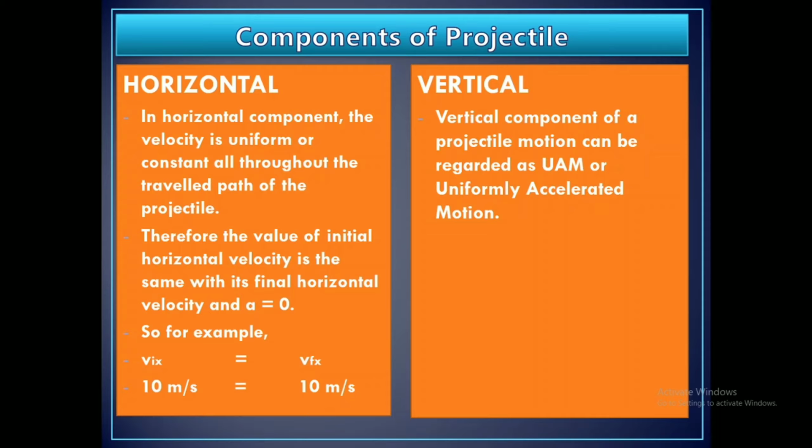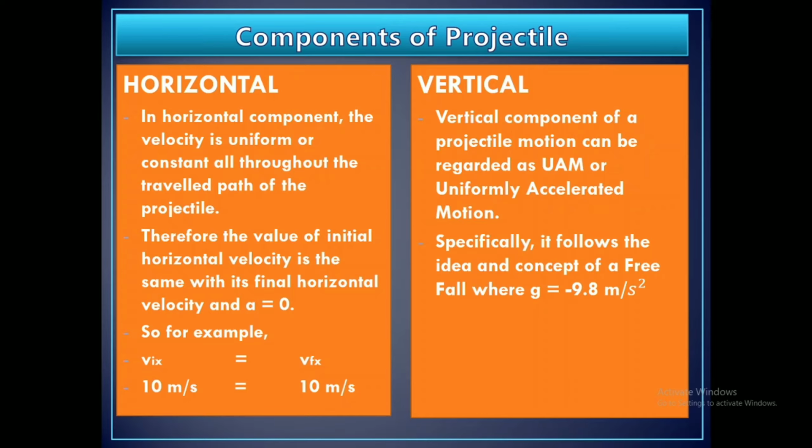The vertical component of a projectile motion can be regarded as UAM, or uniformly accelerated motion. Specifically, it follows the concept of free fall, where g, or acceleration due to gravity, is equivalent to negative 9.8 meters per second squared. Negative implies the direction.